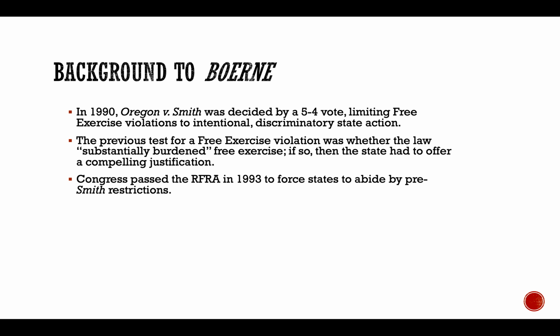And therefore, the stated purpose was to restore the compelling interest test set forth in Sherbert versus Verner. This was the pre-Smith case law. So it's pretty clear what Congress's goal here is. Congress's goal is to undo Smith and put in place of Smith this test that the court had used in prior case law.